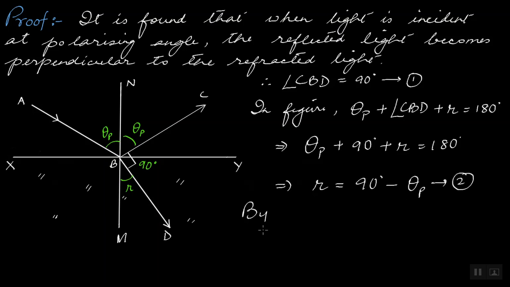By Snell's law, you have sine of I by sine of R equal to mu. So here, if I is equal to theta p, then R will be 90 minus theta p.